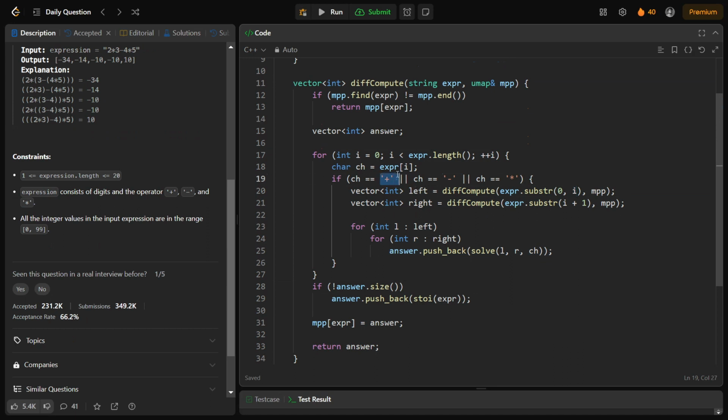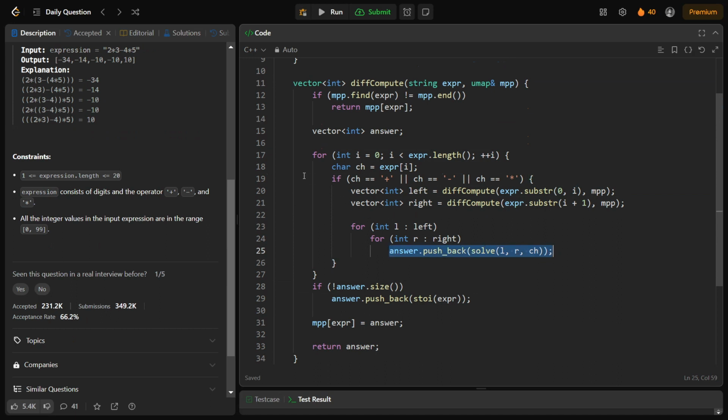Given this operator, the left part can give you a list of possible integers, and the right part would give you its possible integers. For all the elements in left and right, you perform the operation you were given, left, that operation, and right, and you add that back into your answer.